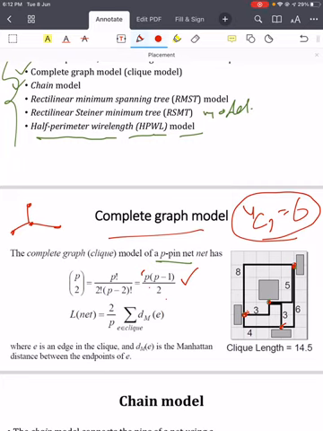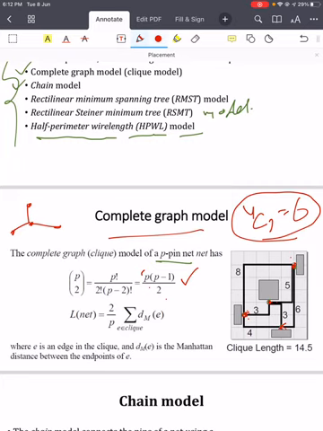So in the complete graph model, first we create a complete graph for this p-pin net. We will have the coordinates of the pins, and from that we can generate a complete graph by connecting them.